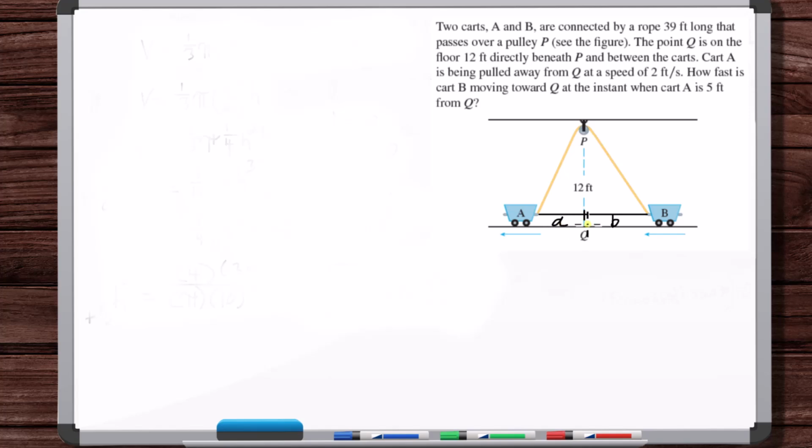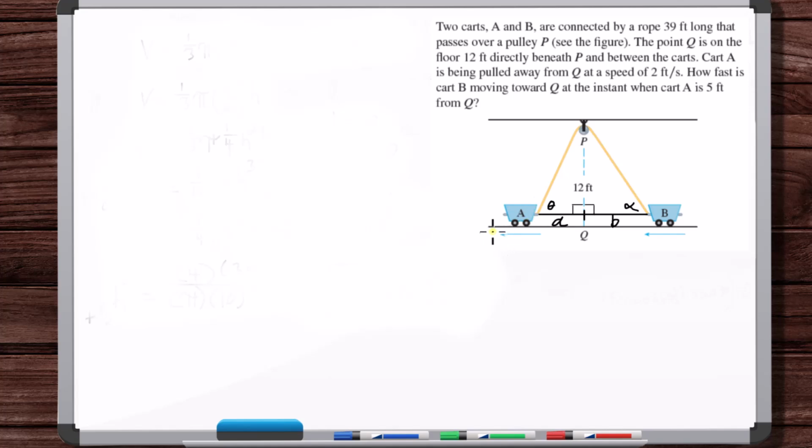How can we use that to solve for the rate of change of B? We need some equation that connects these two variables. It'll be some sort of geometry equation. We know that both of these are right triangles. This is 12, and we have theta and alpha.